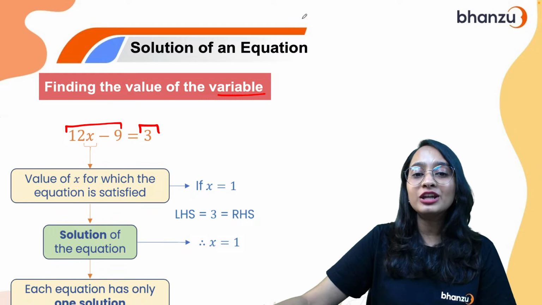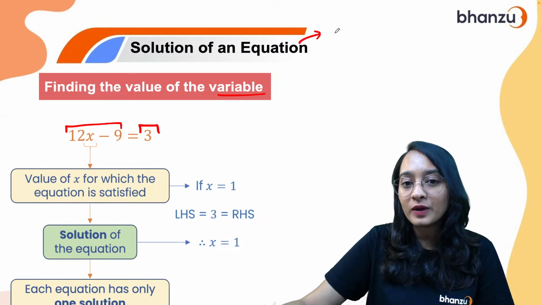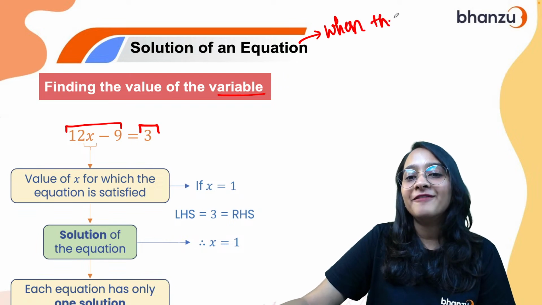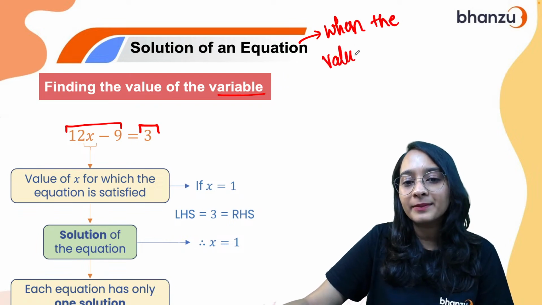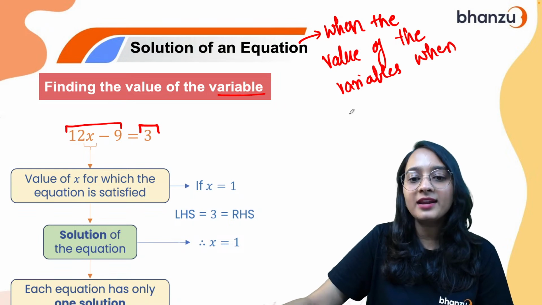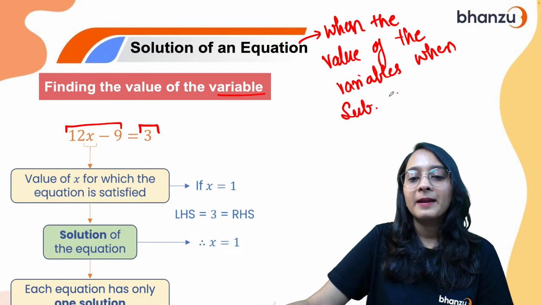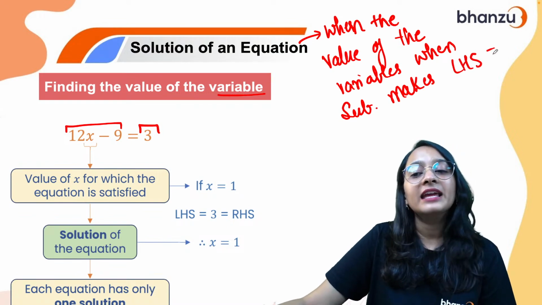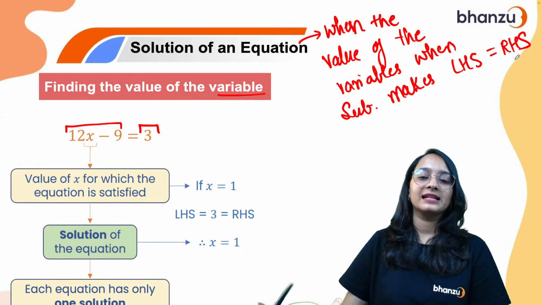So, when do you say that you have found solution of an equation? When the value of the variable when substituted makes left hand side equal to the right hand side.